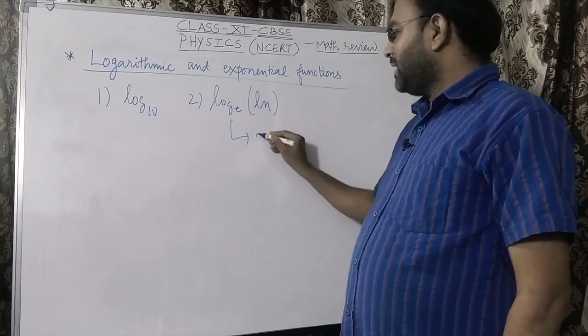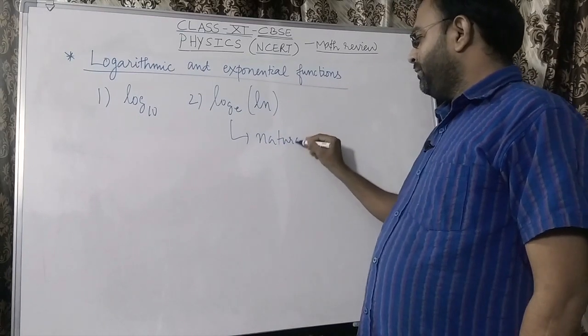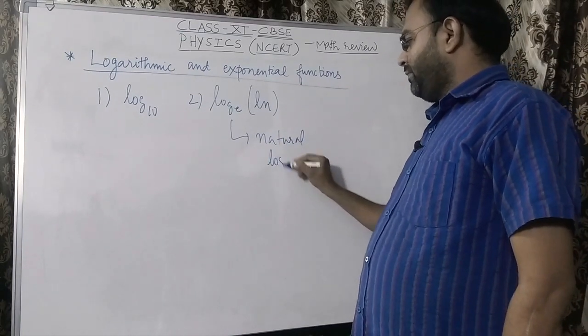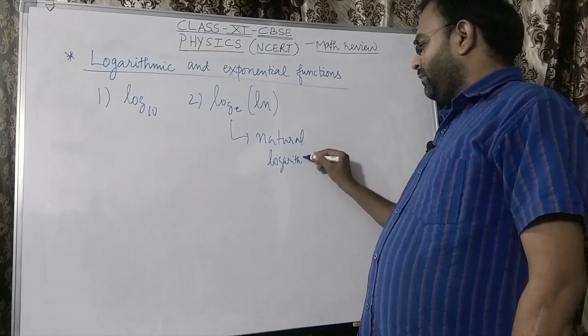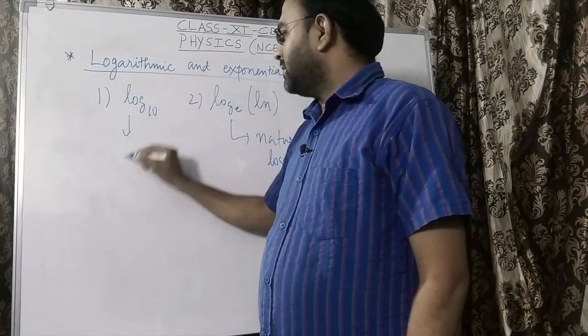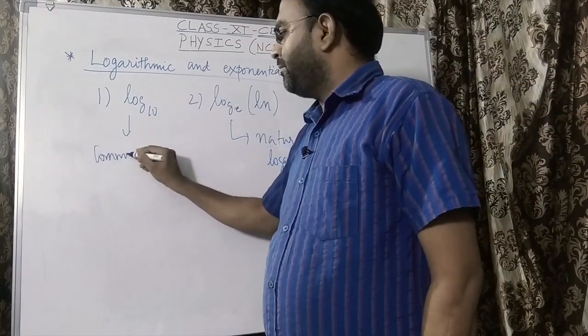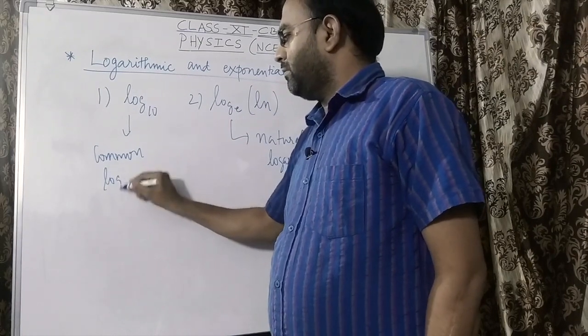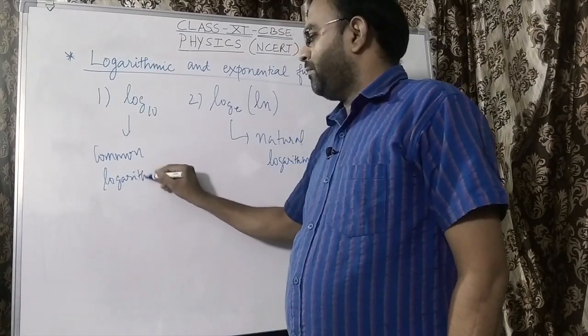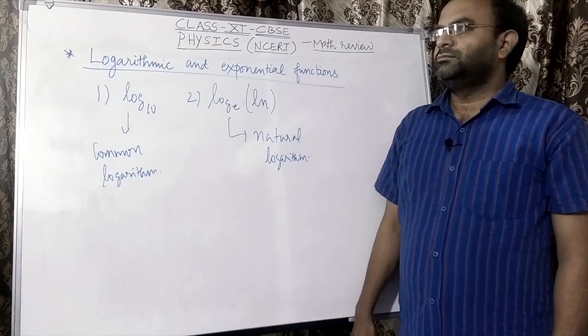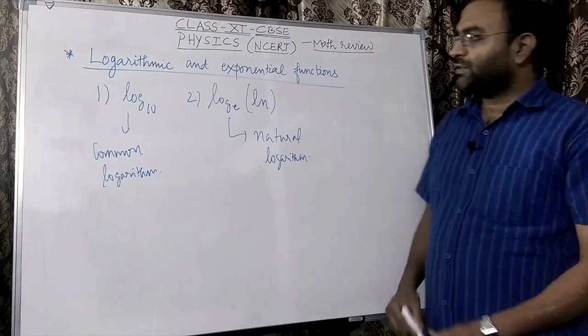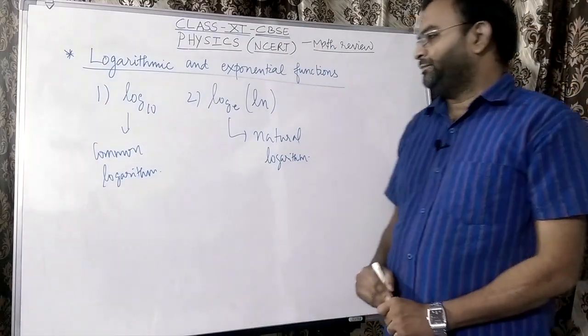So this is called natural logarithm, whereas this is common logarithm. First, let's deal with common logarithm.